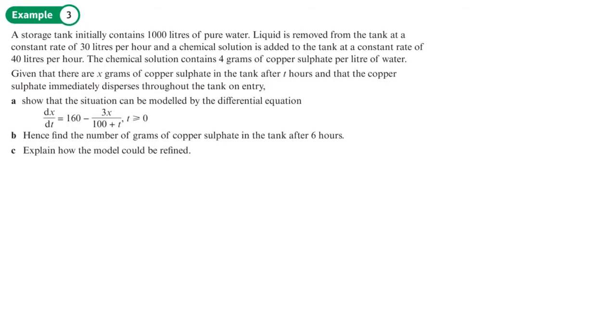Okay, so we've got a storage tank here. Initially contains 1,000 litres of pure water. Liquid is removed from the tank at a constant rate of 30 litres per hour, and a chemical solution is added to the tank at a constant rate of 40 litres per hour.